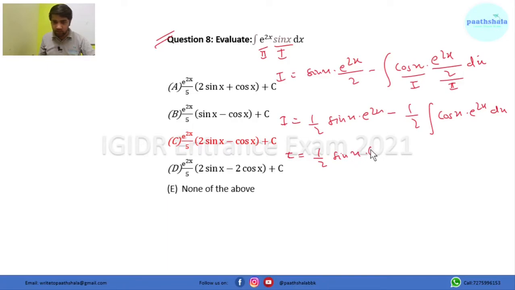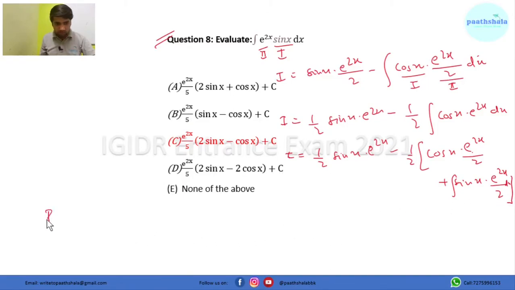So half sin x e to the power 2x minus half, this will come out to be cos x into e to the power 2x upon 2 minus the integral of the differentiation of cos, that is minus sin x, so this will become plus sin x into the integration of e to the power 2x, that is e to the power 2x upon 2. Now we have to integrate it again.